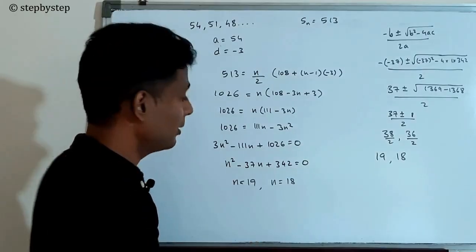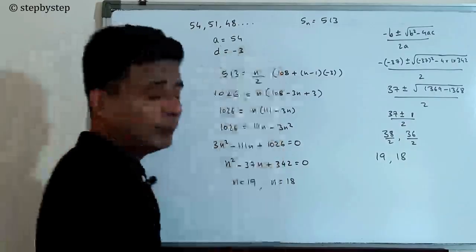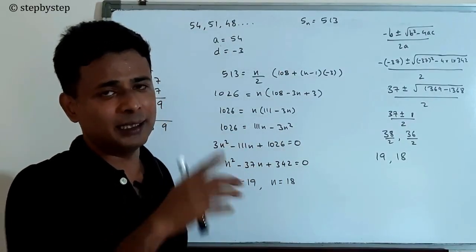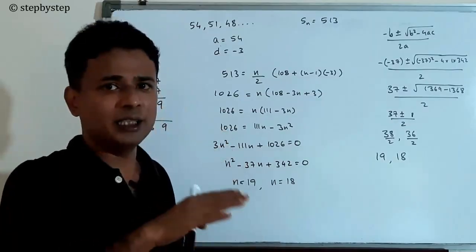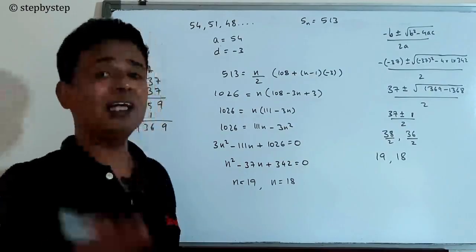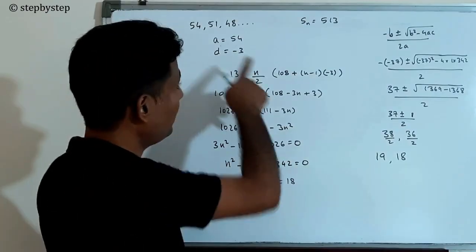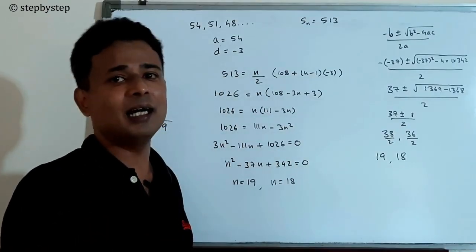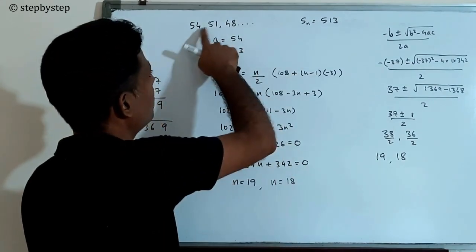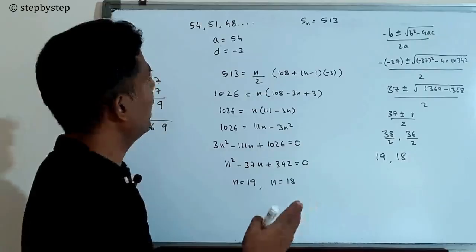Why? Because this is a decreasing AP. Initially, as the numbers are decreasing, when you add them, the sum keeps increasing. Then once the negative numbers start in the AP, the sum starts decreasing again. Let's say we do 54 plus 51, it becomes 105.